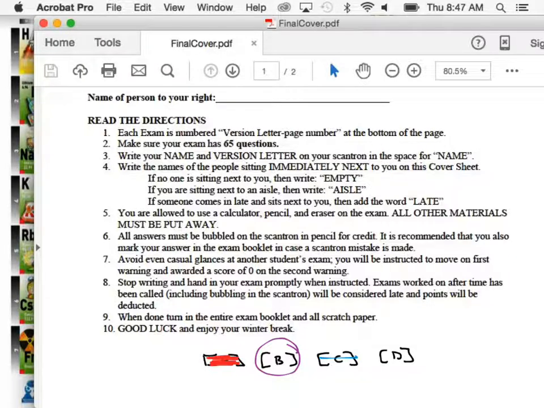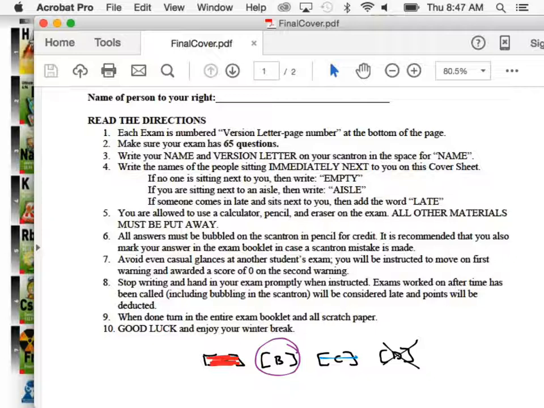Incorrect. Also incorrect. It also needs to be in pencil. I do go through and try and check for that again. If you don't do A, bubbled in like that, and I have to go through and fix how you've bubbled it, I will subtract points because that is part of the test, and you didn't complete the test appropriately.